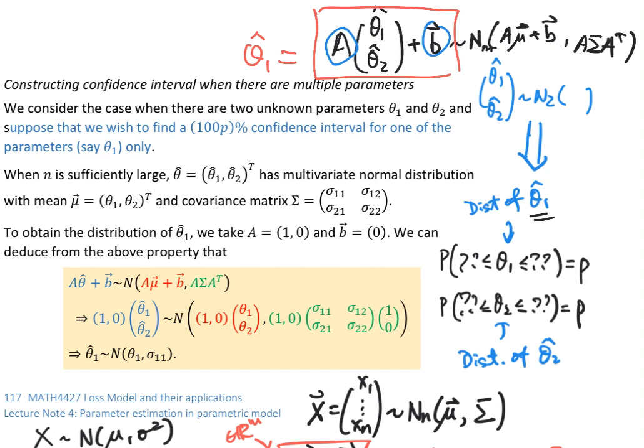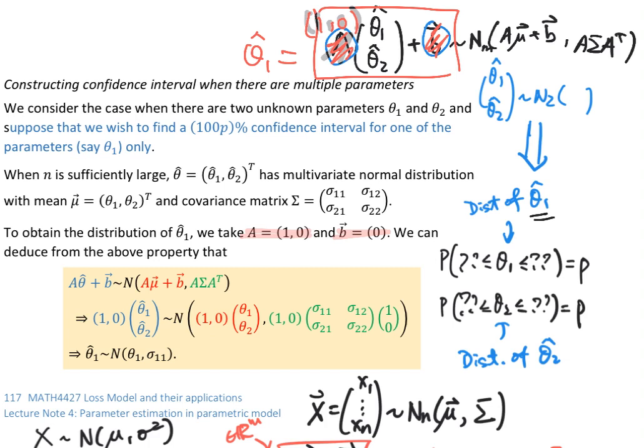Then, if this is successful, I can use this result to find the distribution of theta 1 hat. To do that, you can consider A equal to (1, 0), and B just a zero vector. In that case, the B cancels out, and if you take the matrix product, you will get theta 1 hat.